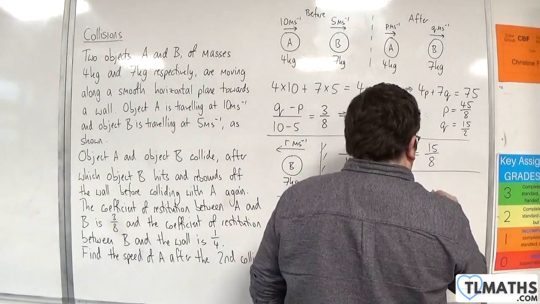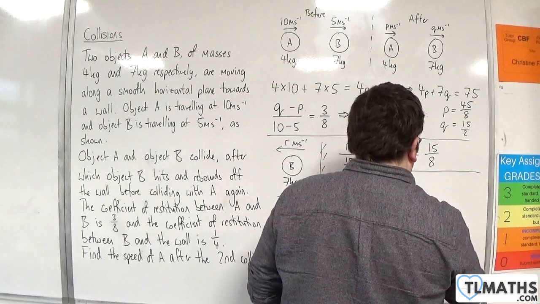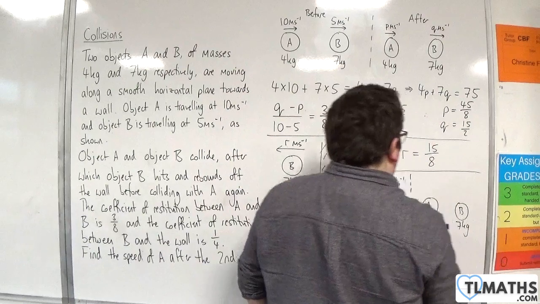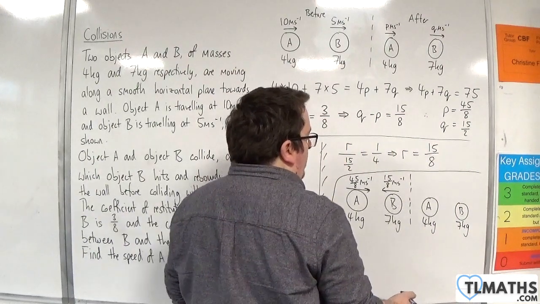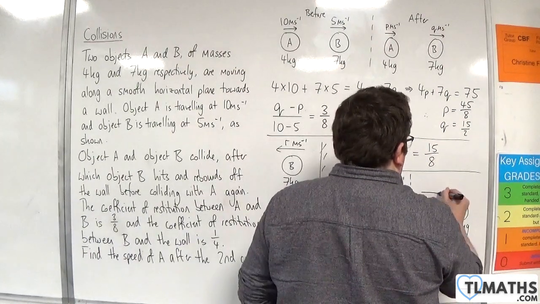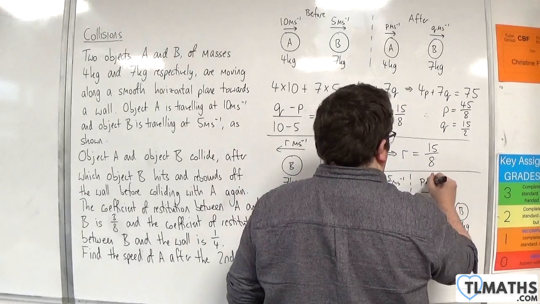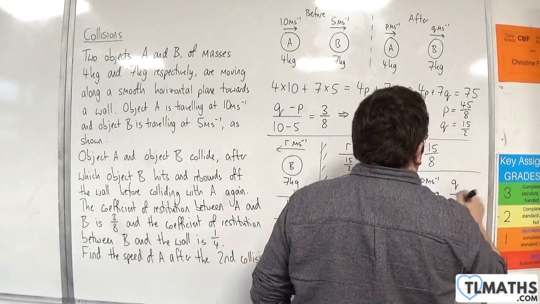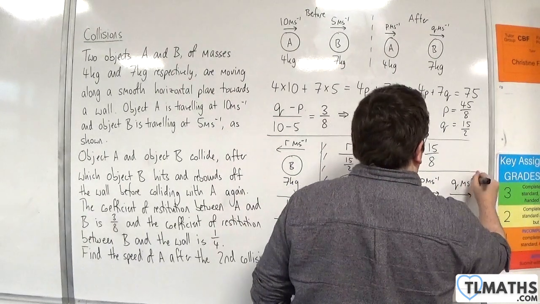Now, after the collision, we don't know the direction that the particles will be travelling. I'm going to let A be travelling to the right with P meters per second, and B to the right with Q meters per second.